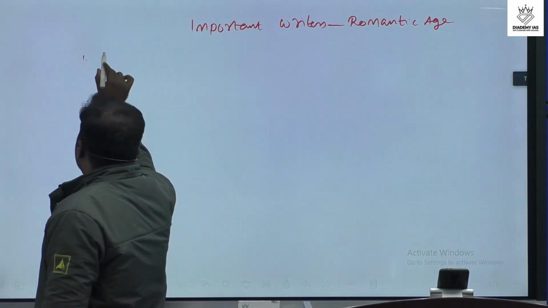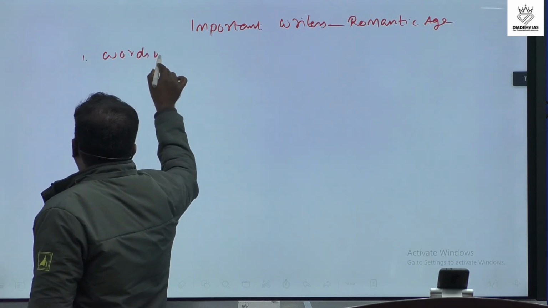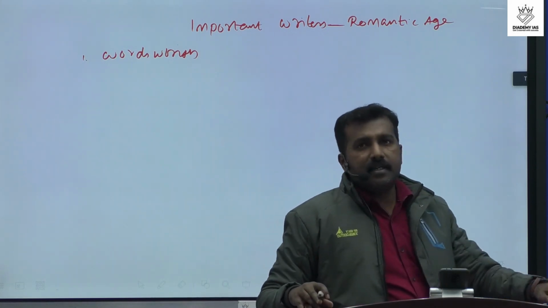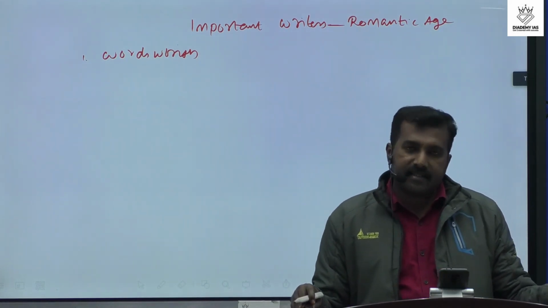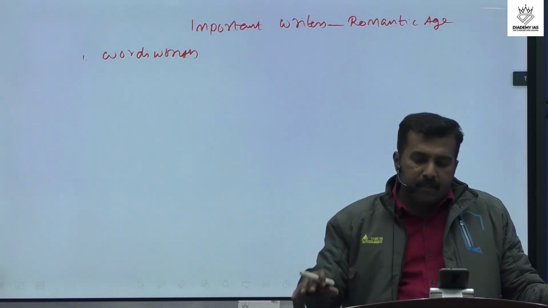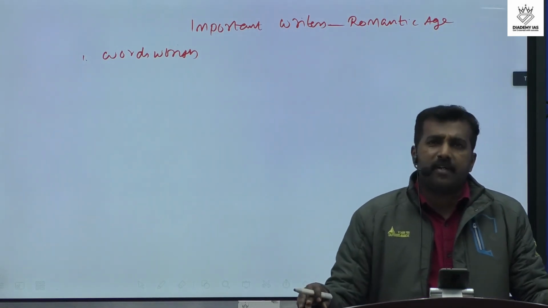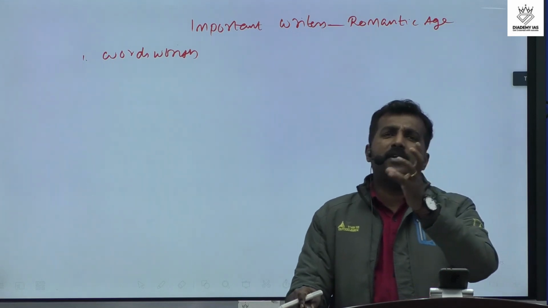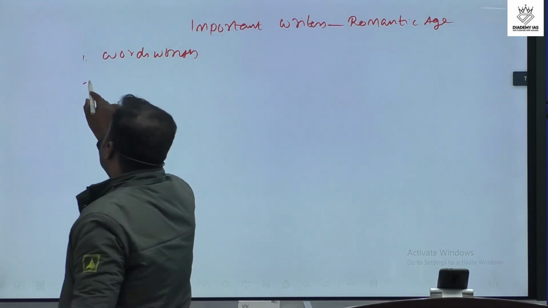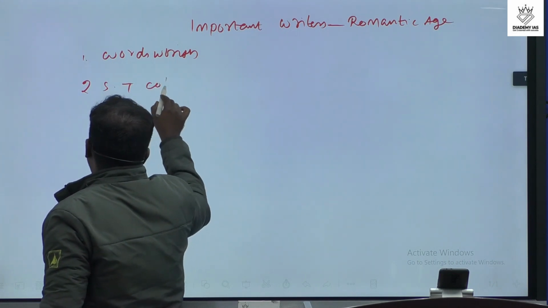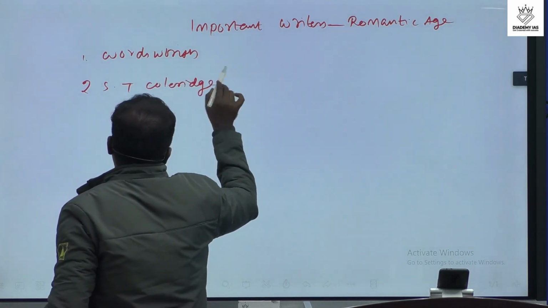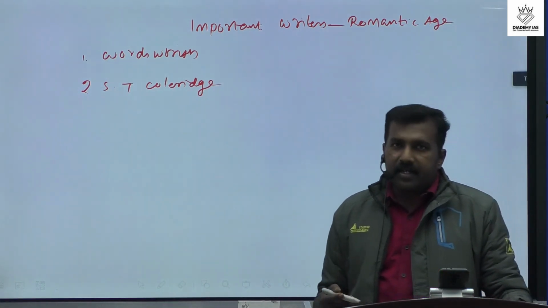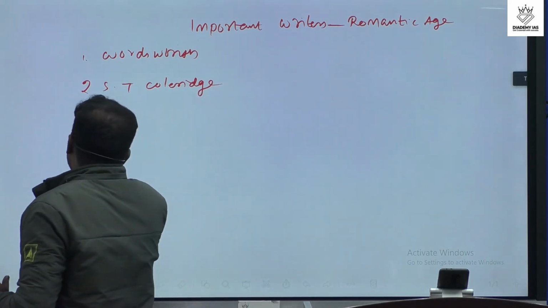Wordsworth wrote different important works like Daffodils, mainly Lyrical Ballads, joining with S.T. Coleridge. Okay, William Wordsworth, S.T. Coleridge, and Byron, Shelley, Lord Byron.